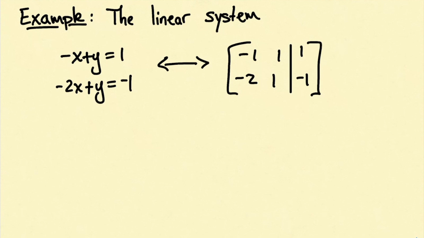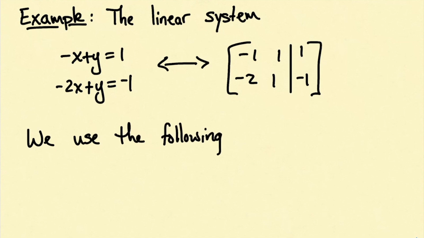So now that we have this shorthand system of representing a linear system, we want to develop a dictionary between systems and augmented matrices. So here are some phrases that we will use interchangeably.